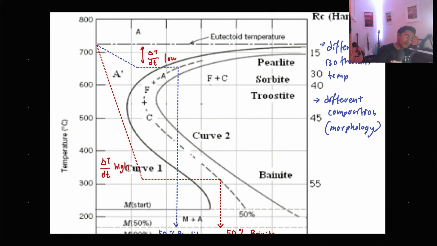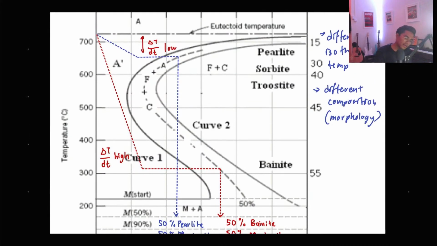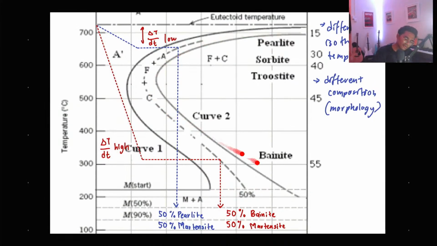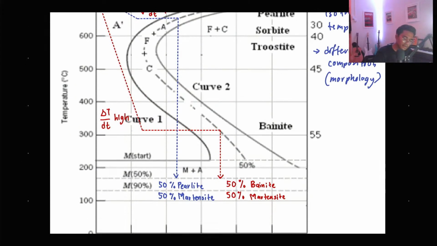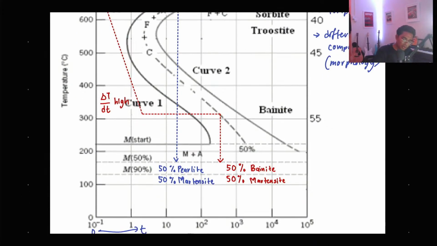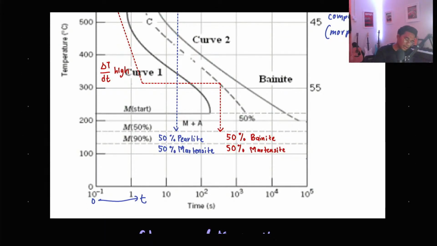Honestly, once you know how to read this diagram, it will make sense. The first time I saw this diagram, I didn't know why it curves so weirdly. Now, after we keep the material at a constant temperature, we cool it rapidly, and then you get the final outcome here.